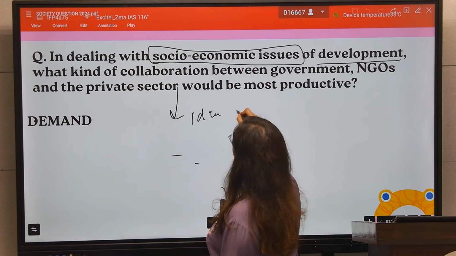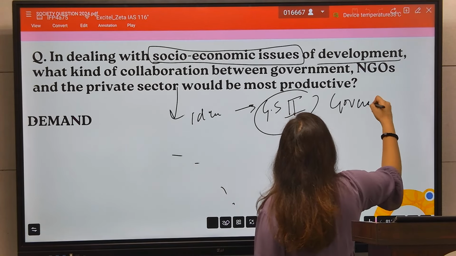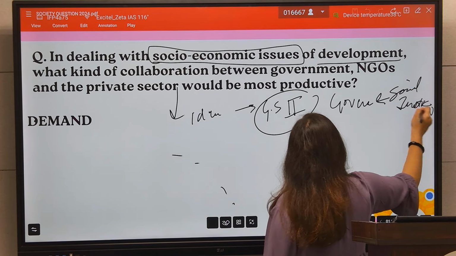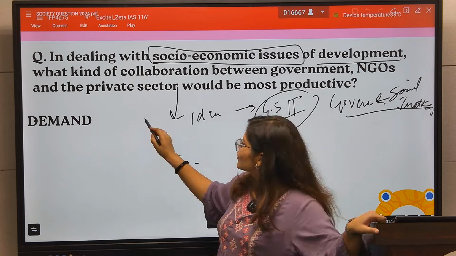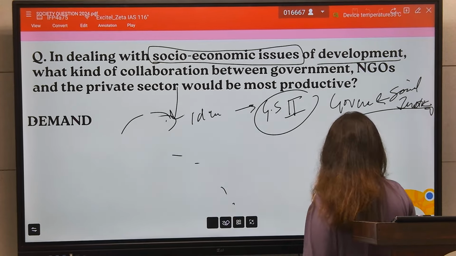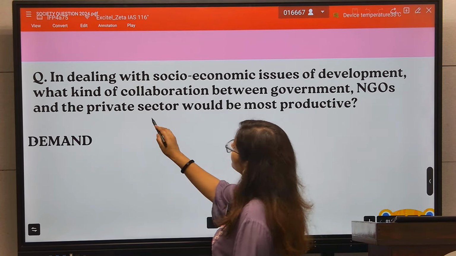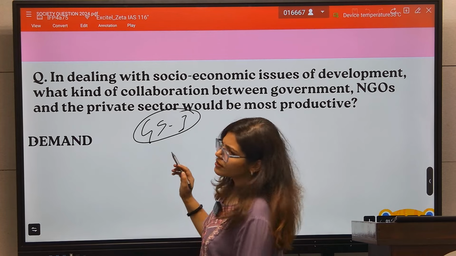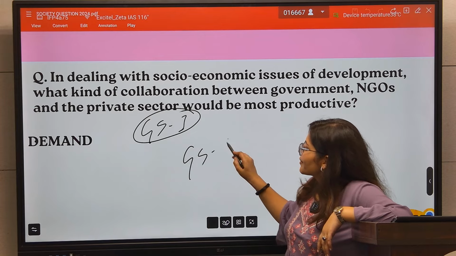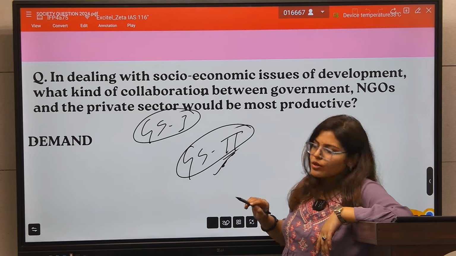Ideally this is a GS2 question, governance plus social justice part. But this question is asked in GS1. So if you are sitting in the first paper, it is not hard for you to write this question, because after 2 hours there is GS paper 2. You are prepared for GS2, so this is easy to write.